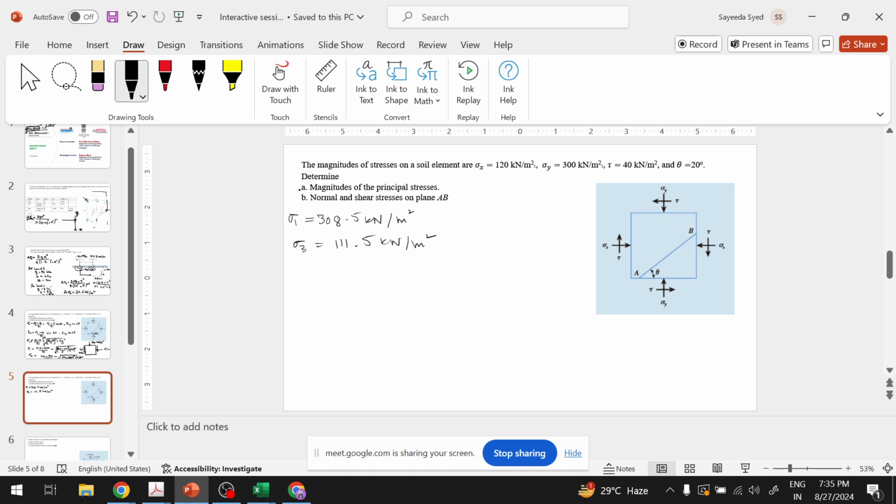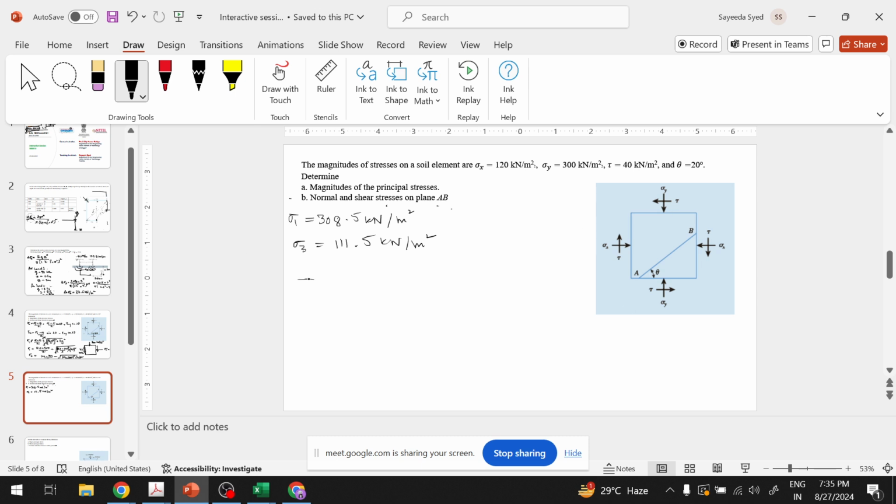Okay, so the next question is normal and shear stresses on plane AB. Okay, normal and shear stresses. So this was just the horizontal and the vertical stresses.